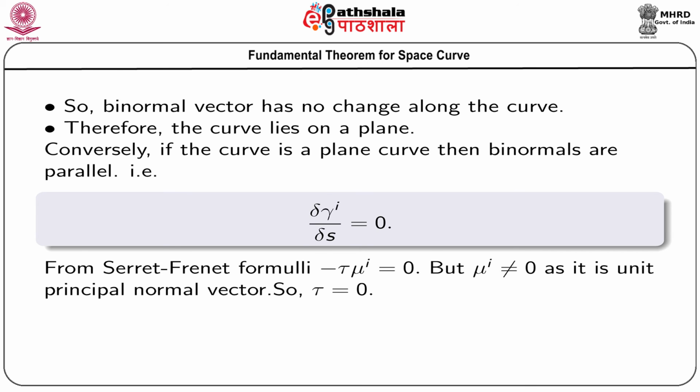But mu y equals 0 is not possible, because mu y is the unit principal normal vector. So, the components of mu y are not all 0. So, obviously, tau equals 0. So, this is the necessary and sufficient condition for a curve to be a plane curve, that the torsion is equal to 0.